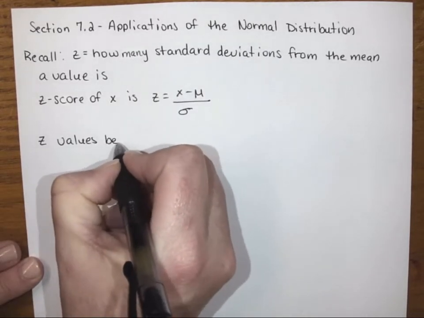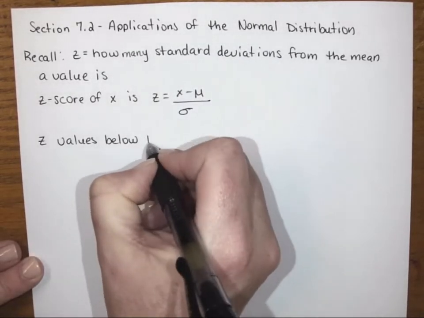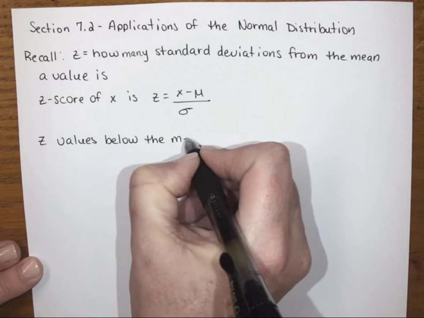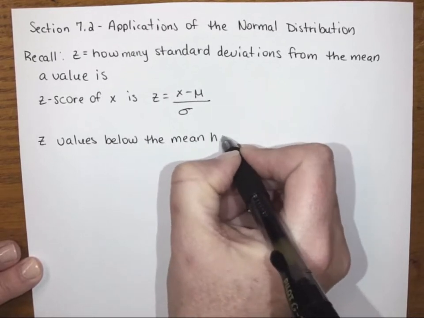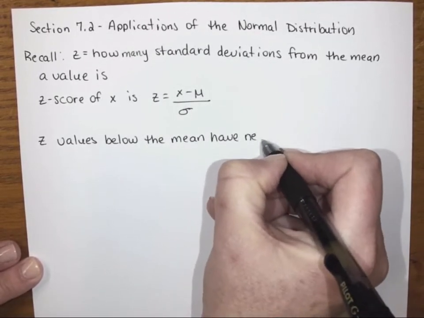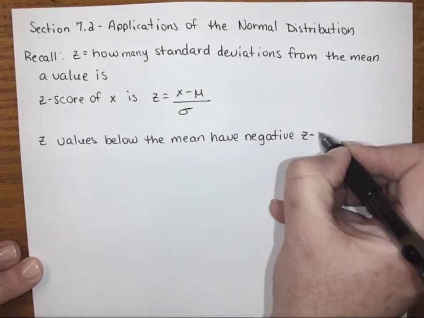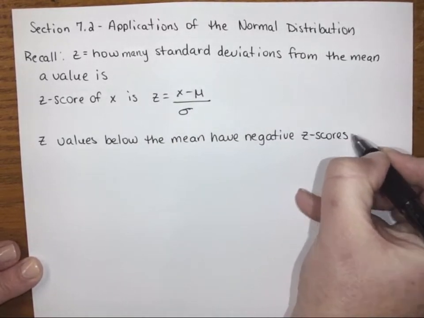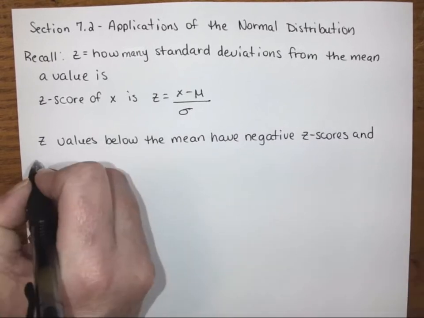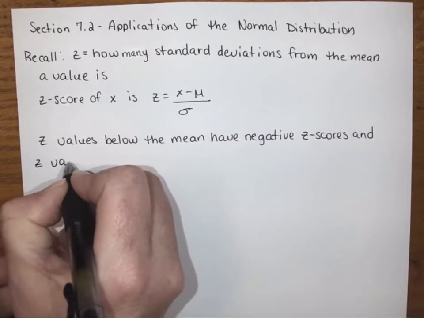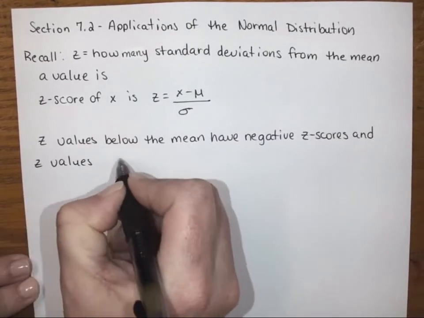Z values below the mean will be negative. And z values that are higher than the mean, or above the mean, have positive z values.